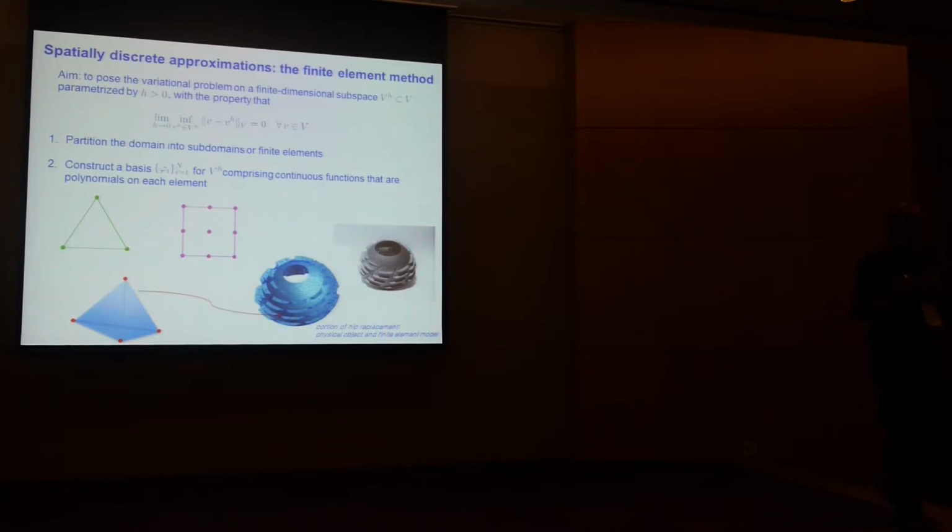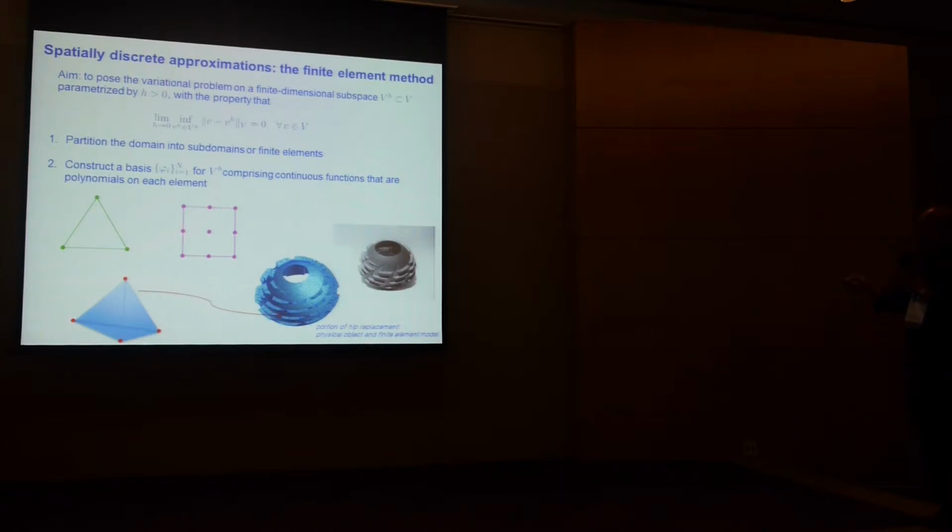Let me say a word about spatially discrete approximation. So I like to use the finite element method. And for those who are not familiar with the method, essentially the idea is I've got the original problem posed in some Hilbert space. I want to pose it on a finite dimensional space which will allow me to solve it, say on a computer.